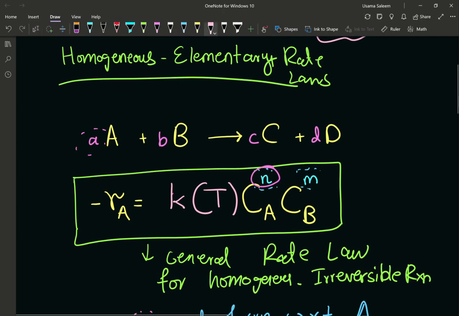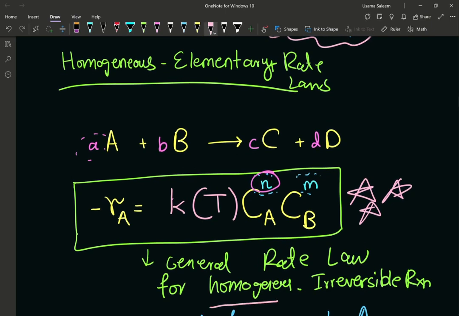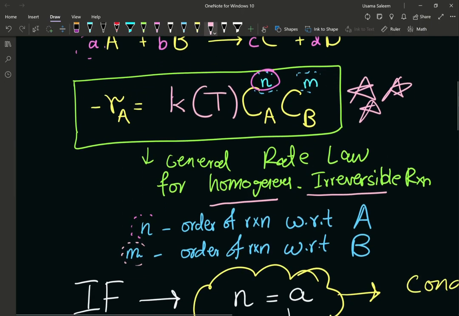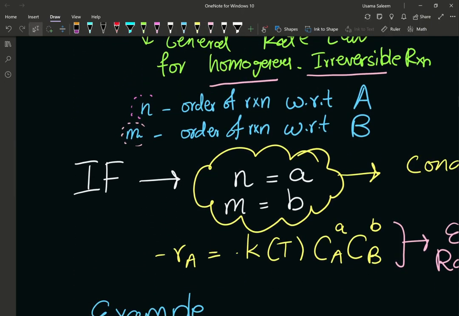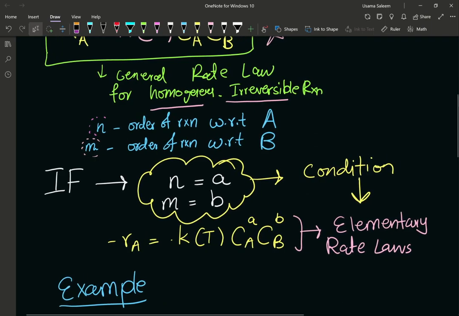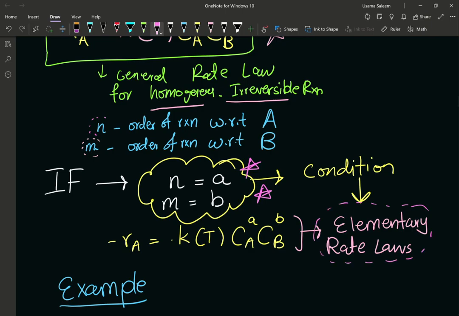This right here was the general rate law expression for a homogeneous irreversible reaction. Okay, and in the cases where the respective orders are equal to the stoichiometric ratios right here, then that is the condition for elementary rate laws.